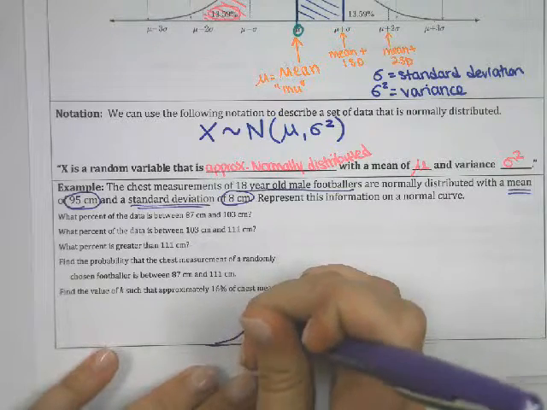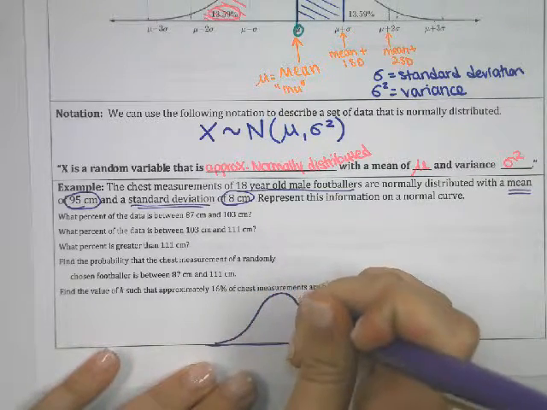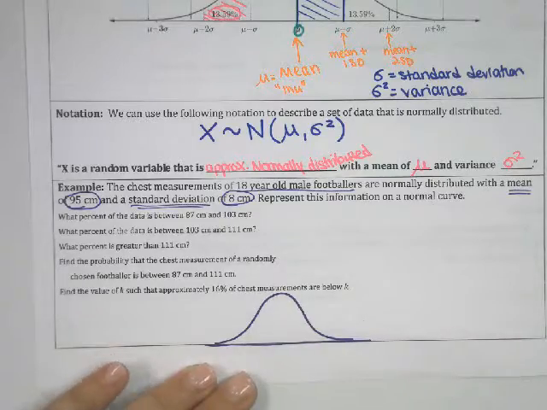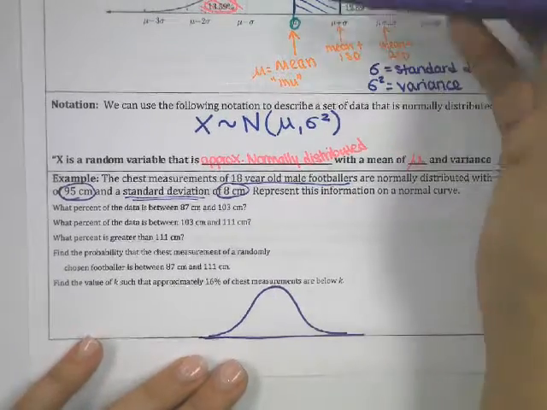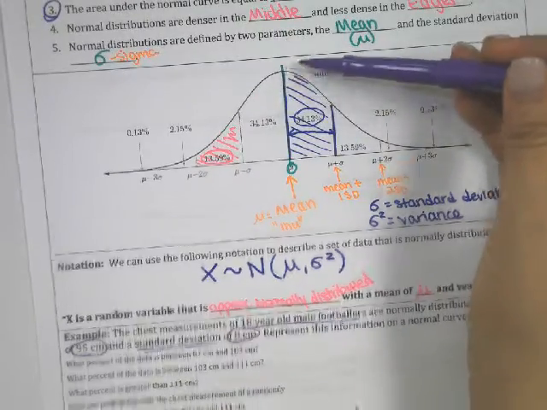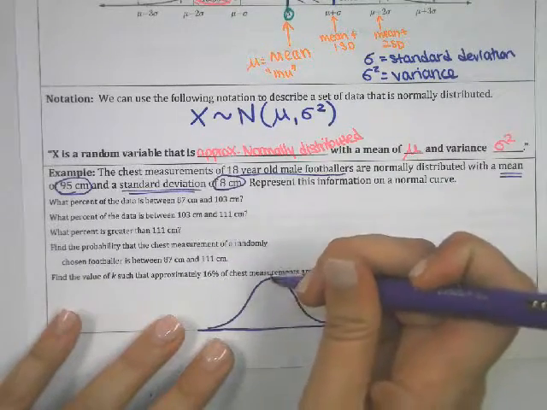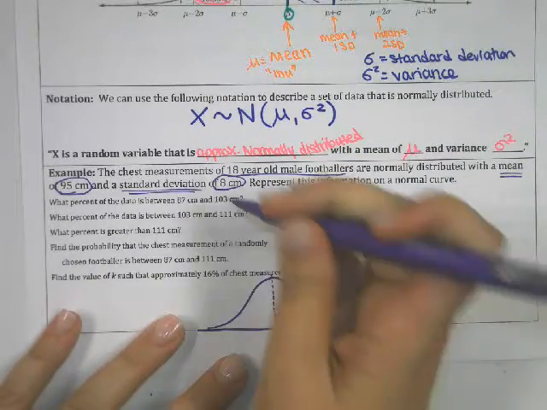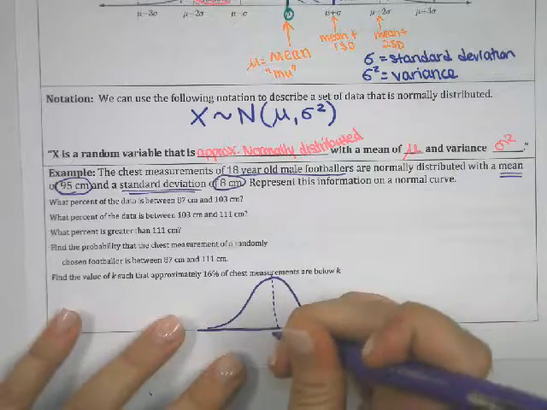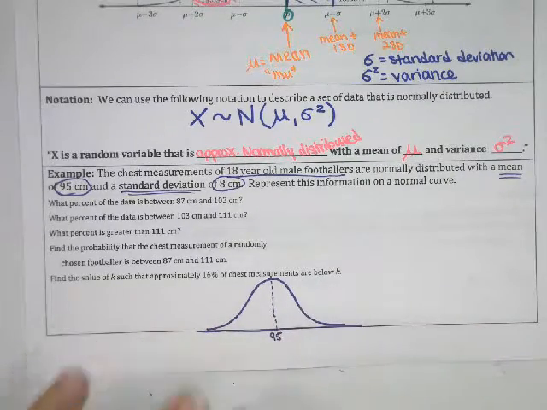Normal curves are like a bell shape. We said up above our mean is kind of the peak of the bell. It's the middle. And in this case, it says the mean is 95. We have a standard deviation of 8 centimeters.